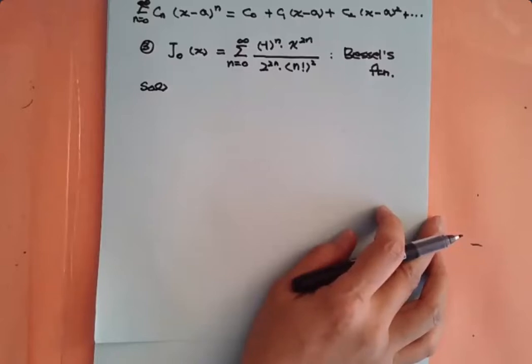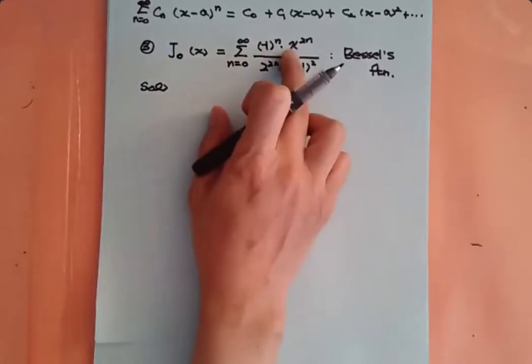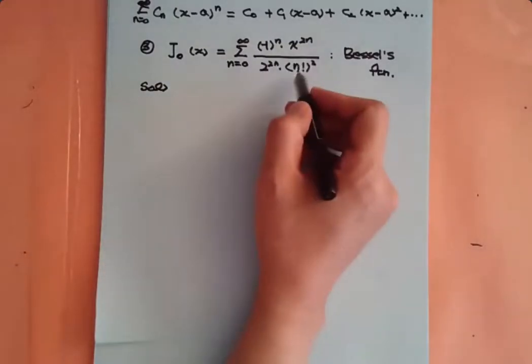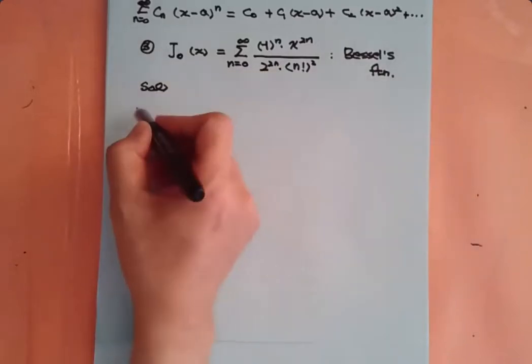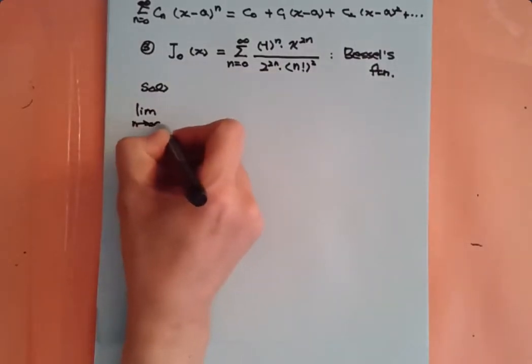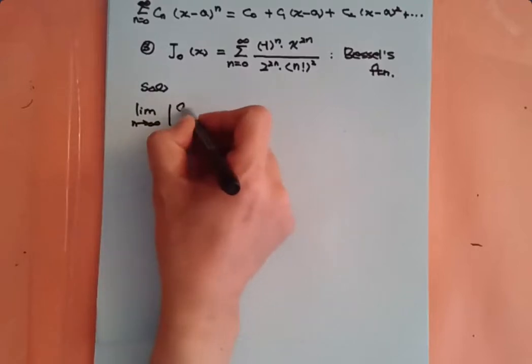What we wanted to do was to know where the power series converges, because x is an unknown number. In this case, because of n factorial, we cannot use the root test, so we will use the ratio test.